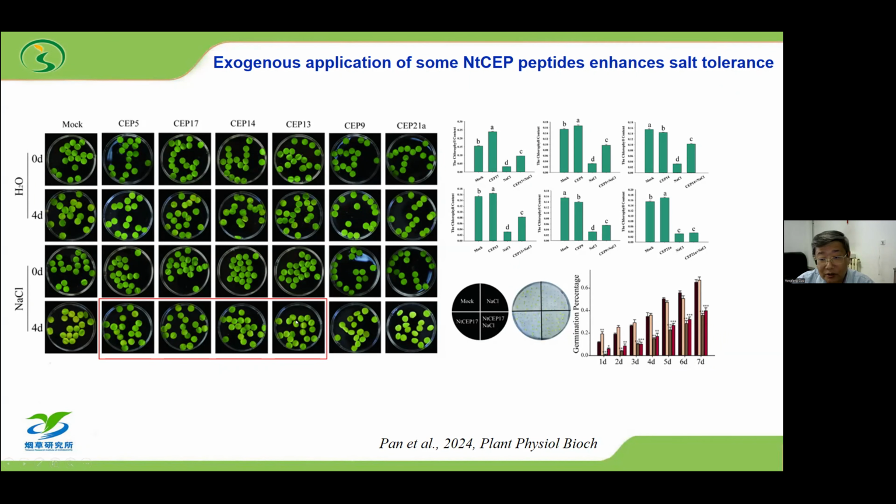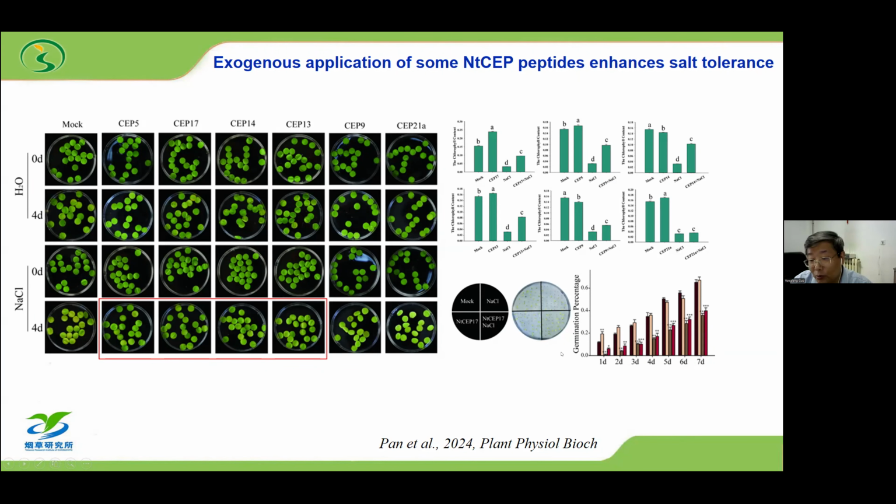And some of the peptides, if applied in the solution together with the salt solution, can alleviate the yellowing process of the leaves triggered by the salt treatment. These are chlorophyll contents after treatment. You can see at least CEP5, 17, 14, and 13 showed greener leaves after treatment in comparison with the treatment with salt alone.